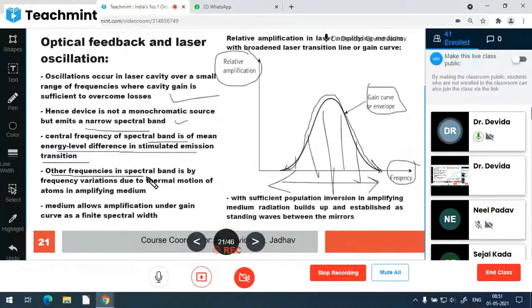The other frequency in the spectral band is by frequency variation due to the thermal motion in the atoms of the amplifying medium. The medium allows amplification under the gain curve only and gives the finite spectral width. With sufficient population inversion in the amplifying medium, radiation builds up and establishes a standing wave between the mirrors.